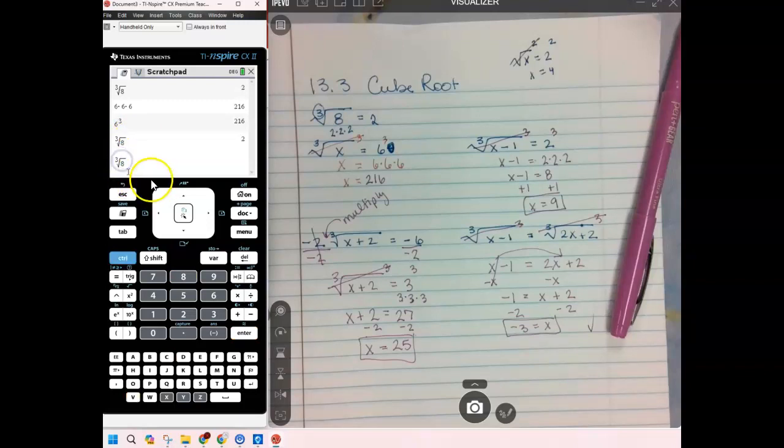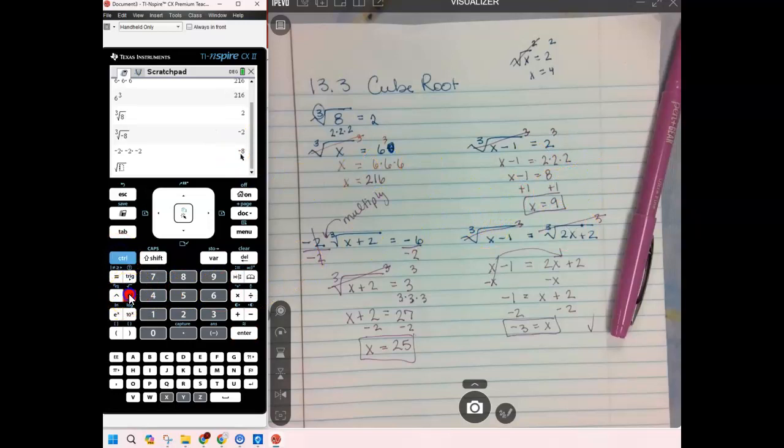And the cube root of -8 is going to give me -2, because -2 times -2 times -2 gives me a -8. So I don't have those problems I had with the square root. Negatives are just fine. All of these answers are going to work.